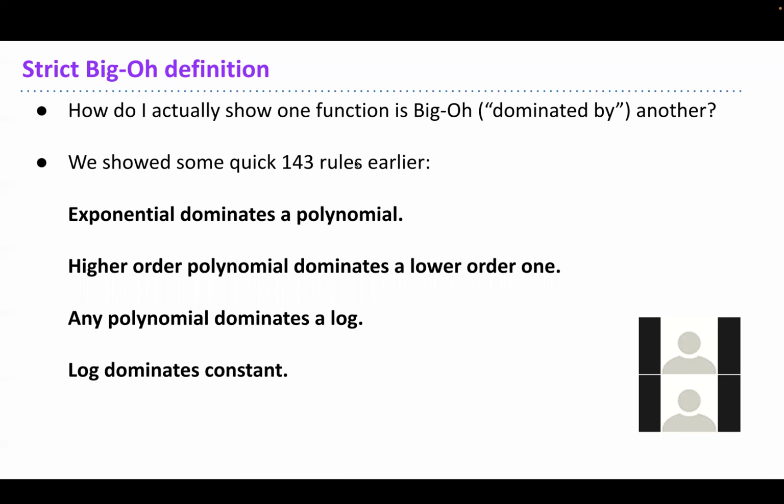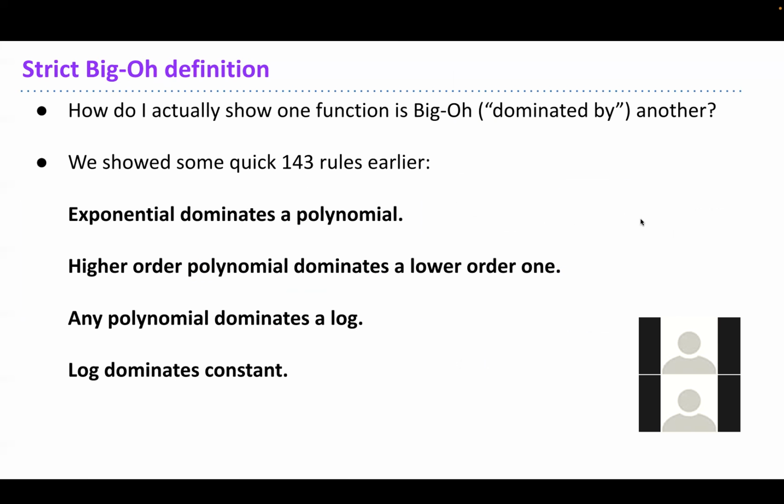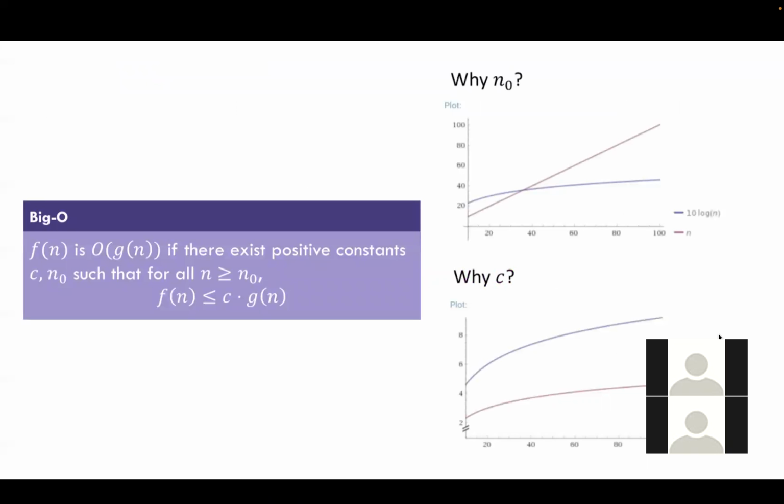All right, so we don't have too much time for this specific section. We ran out of time a little bit, but this section mainly covers mathematical definitions, like how you can prove a certain runtime is upper bounded or lower bounded by a certain function.